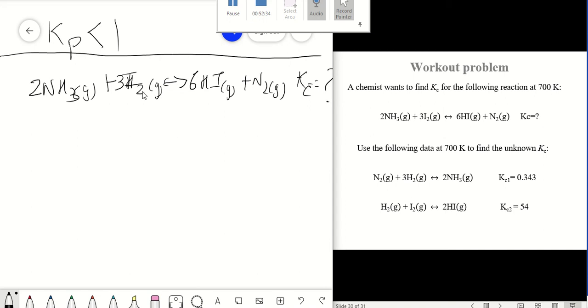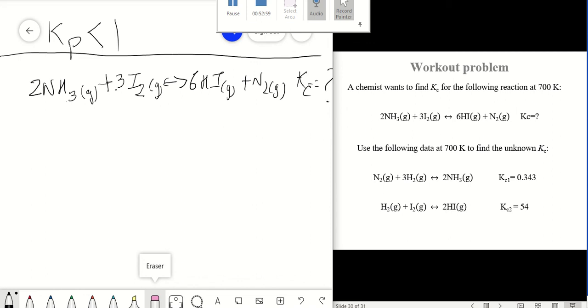First important thing: let me rewrite this, 2NH3 gas plus 3I2.